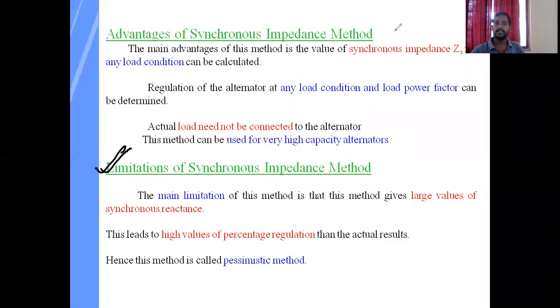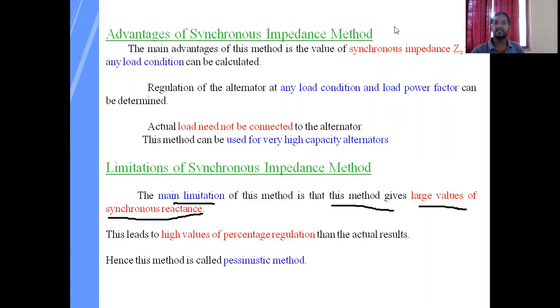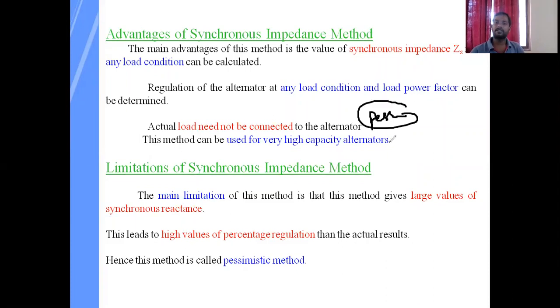Limitations of this synchronous impedance method. The main limitation of this method is that it gives large values of synchronous reactance. As I told in the previous, pessimistic means large values of synchronous reactance, which mean more voltage regulation.